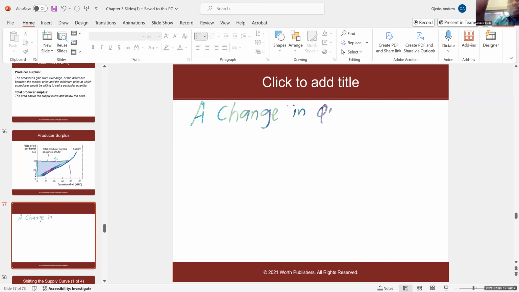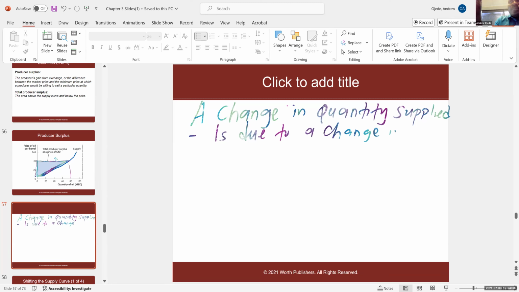A change in quantity supplied is due to a change in the good's own price.